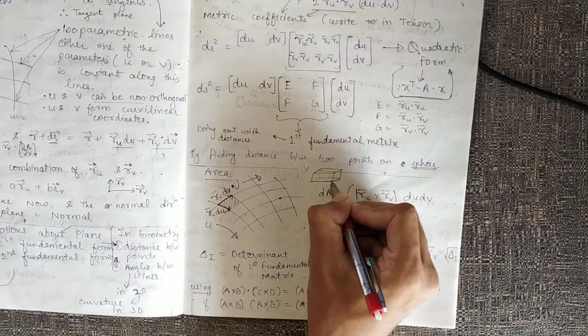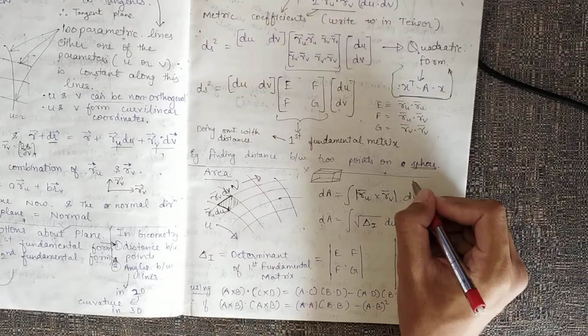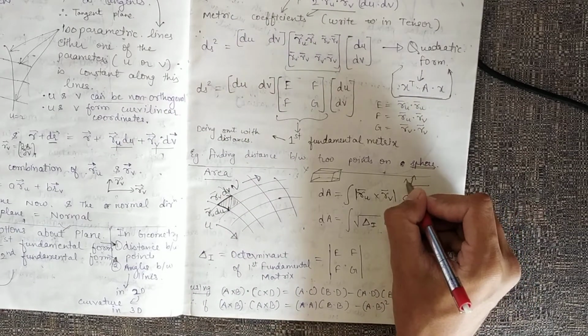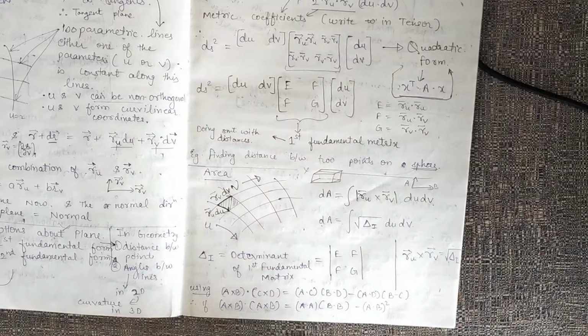In a simple parallelogram with sides A and B, the area is A cross B, right?